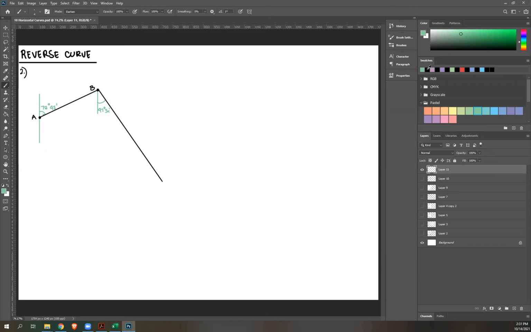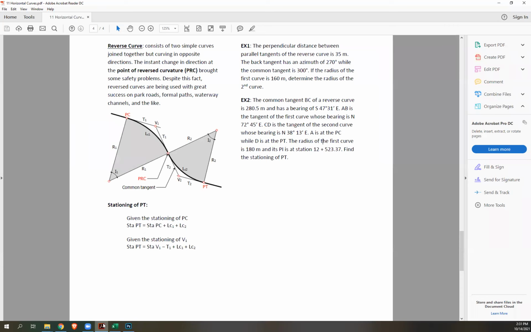And the length of that is given. Once again, let's try to measure out. This is P1. Measure out roughly the same length. So that point is P1 as well. And this is your PRC. Okay. And then that's your B. What else?